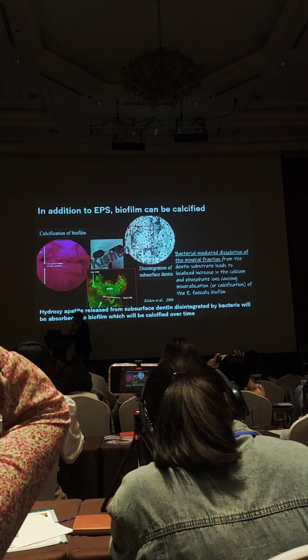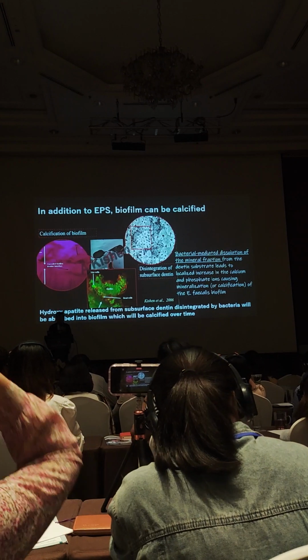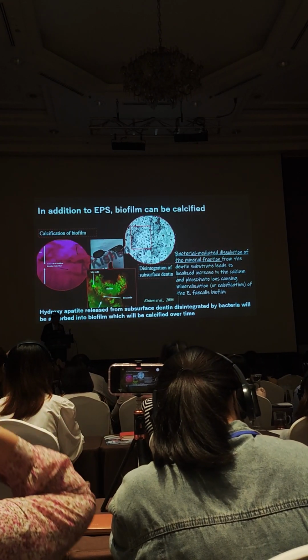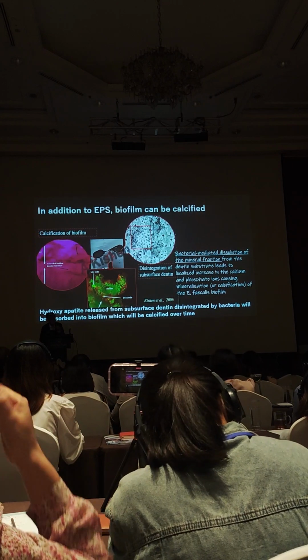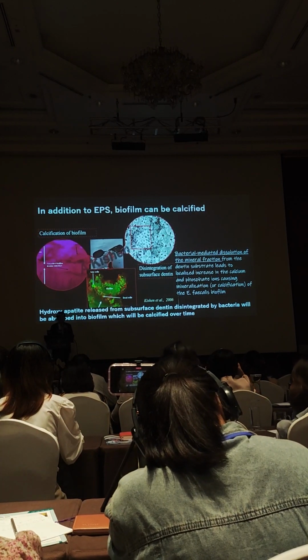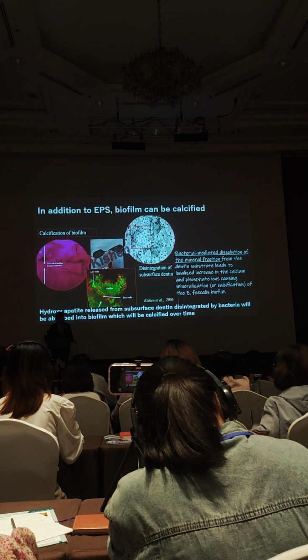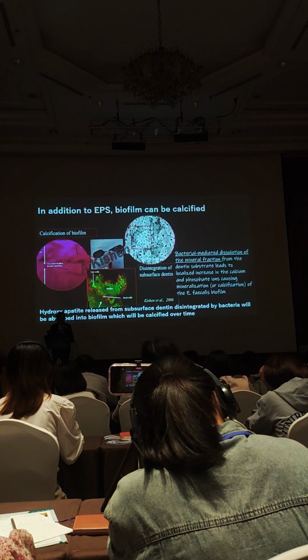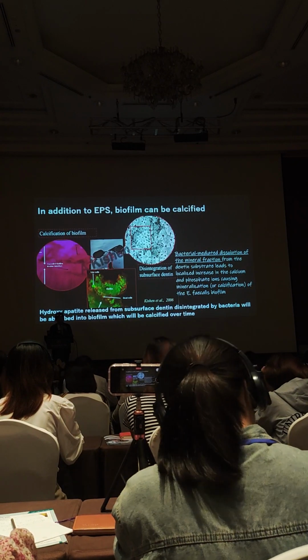Then you can eliminate the biofilm. But not always, because biofilms can be calcified. Okay? It's difficult to remove biofilms, but when it comes to becoming calcified, it's more difficult to remove.